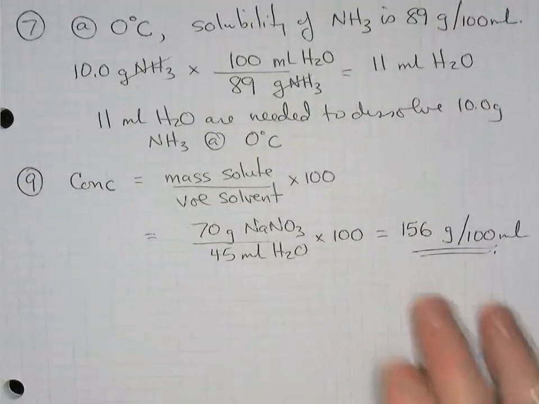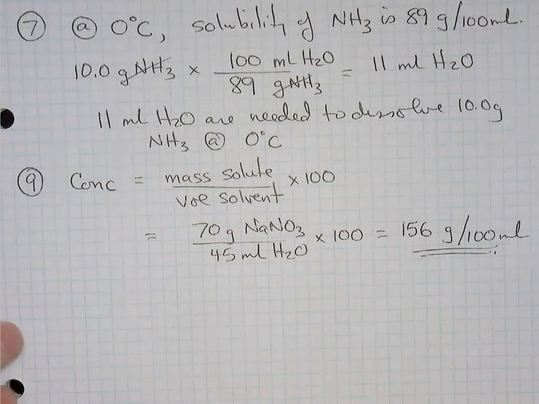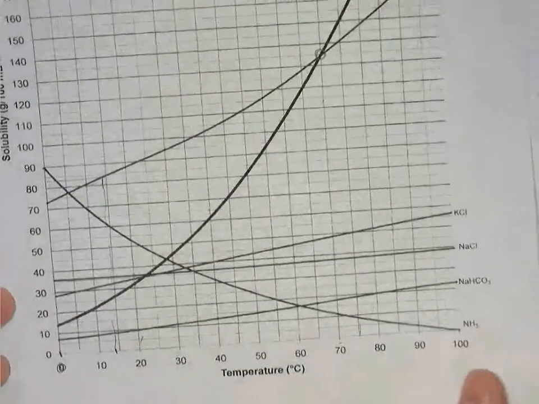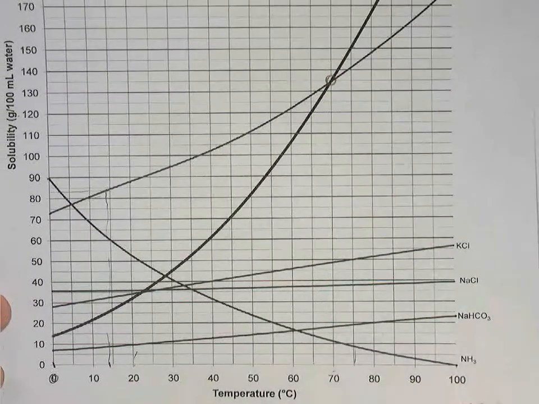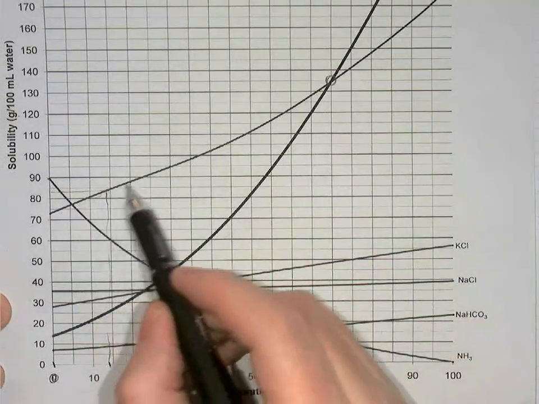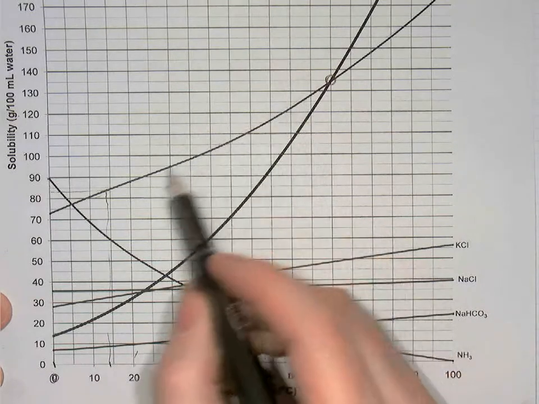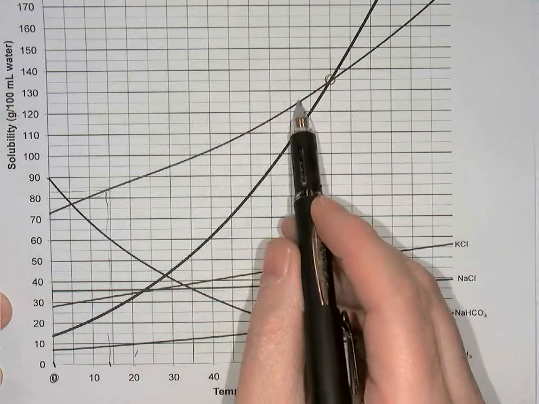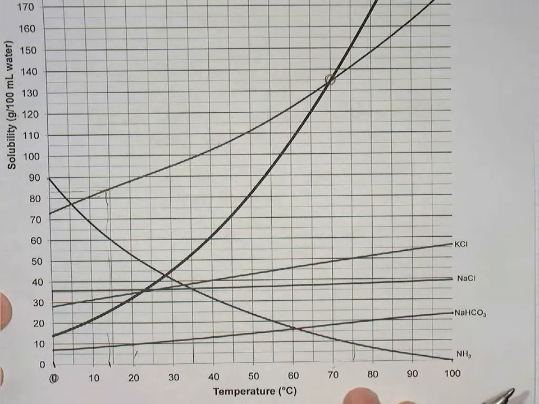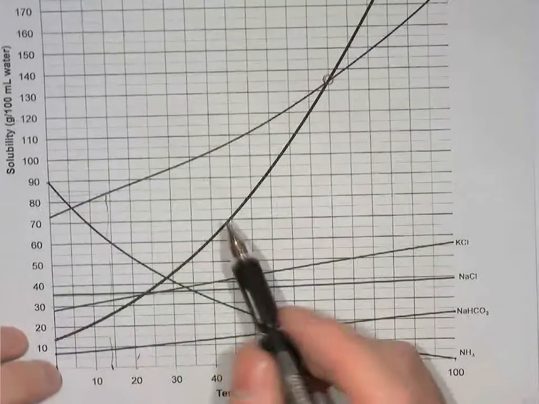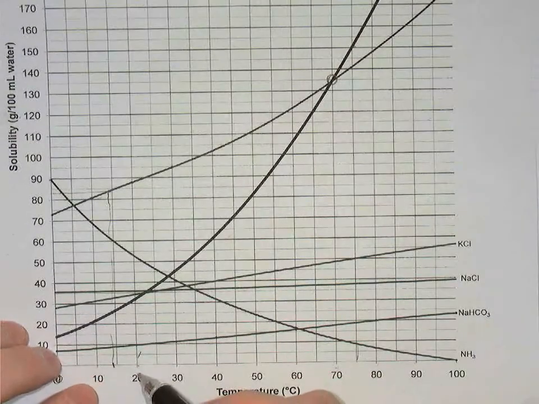Now, the question is, to what temperature do they need to heat that? If I look at my solubility chart, and we find sodium nitrate, that's this curve here, the one that rises up here, and we find the concentration, or actually, why don't we start by just looking at room temperature, 20 degrees Celsius.